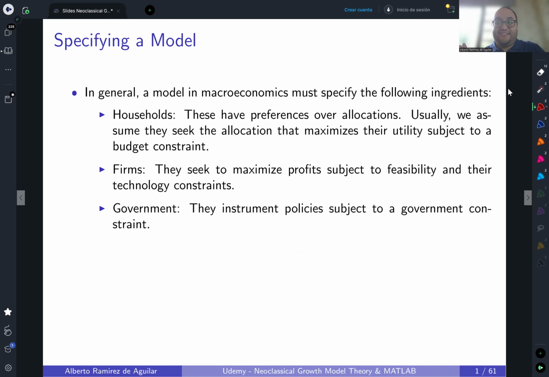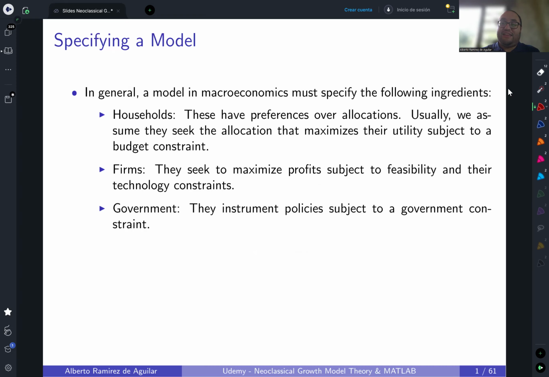On the other hand, we usually have the households, then we have the firms, and another very important ingredient, especially when we try to analyze policy, is the government. The government is an agent that is not a household, but it is also not a firm. And the government is going to try to instrument policies that in theory should help either households or firms. The government may have different objectives, but also the government is going to have constraints.